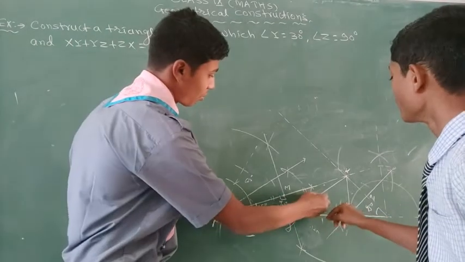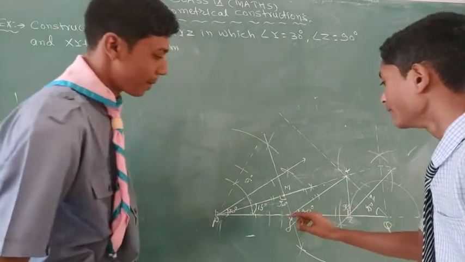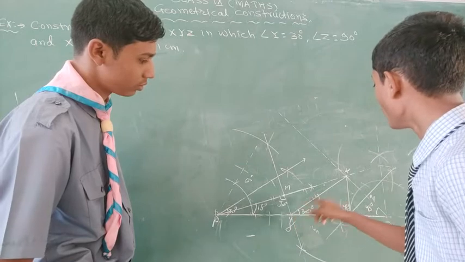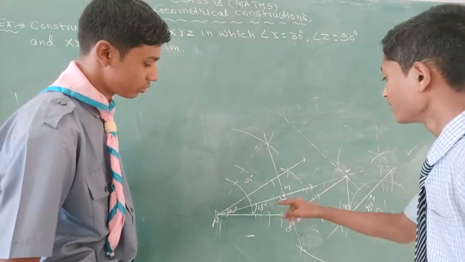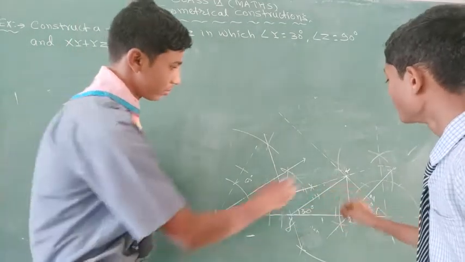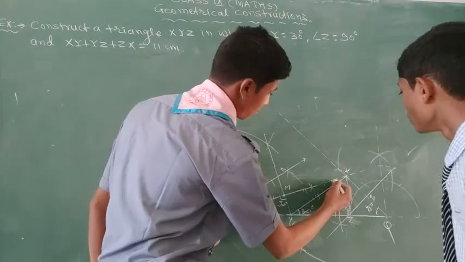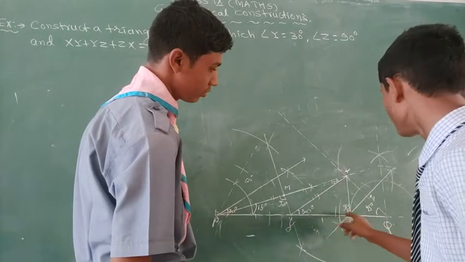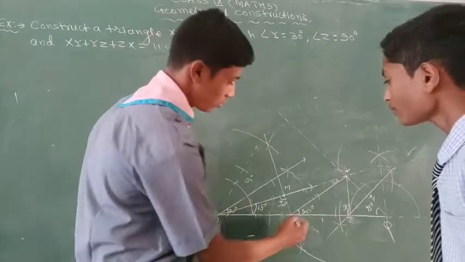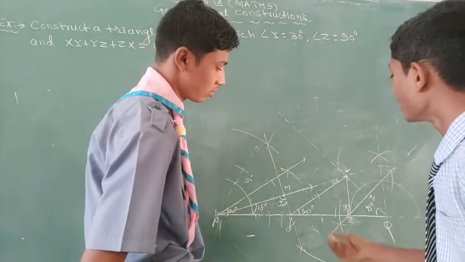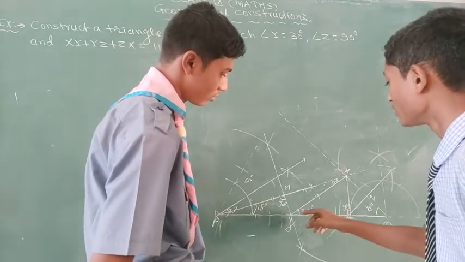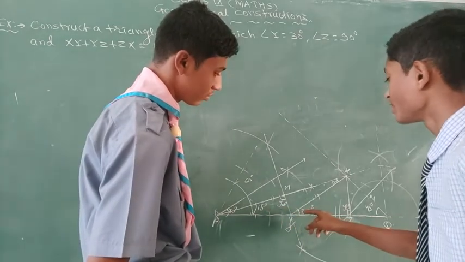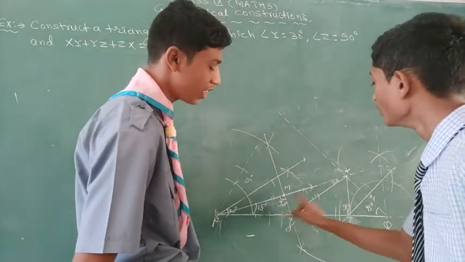So triangle PXY is an isosceles triangle, so angle XPY and angle YXP will be equal. That is, this angle will be 15 and this angle will also be 15. Using the exterior angle property, we can prove that angle XYZ will be 30 degrees, because an exterior angle is equal to the sum of the two interior angles.